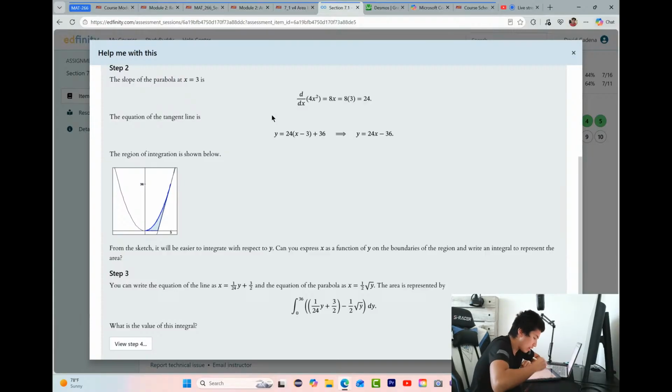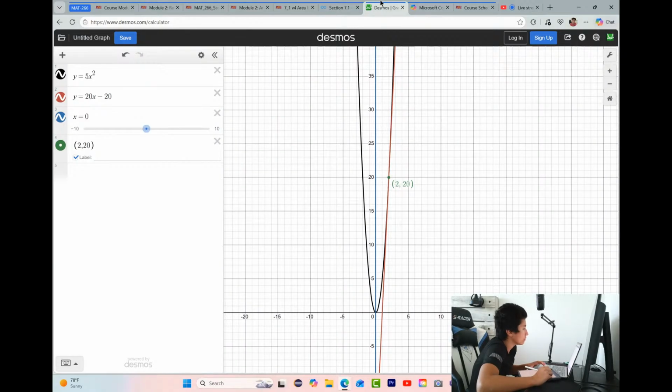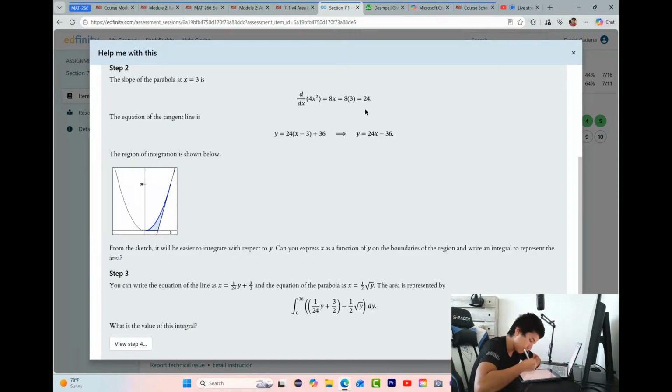Anyways, so which is at the top? Let's see. What's the black? The black is 5x squared. So we're going to have the square root of y over 5 minus y over 20 plus 1, and all of that is going to be dy. I hope.